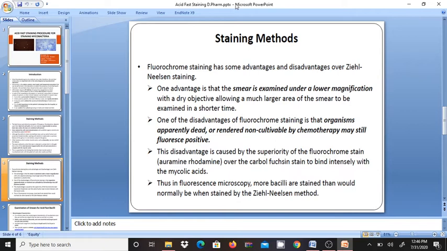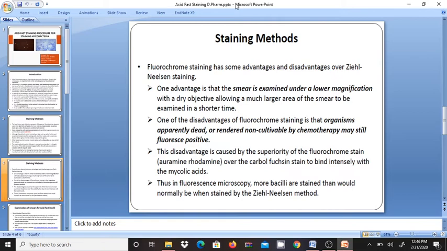One of the disadvantages of fluorochrome staining is that organisms apparently dead or rendered non-cultivable by chemotherapy may still fluoresce positive.